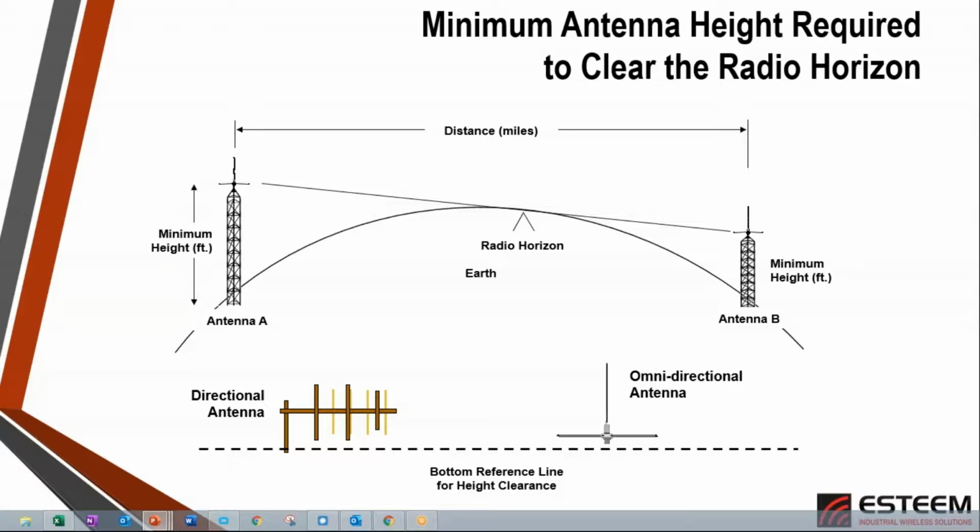Part of the RF design program will tell you the minimum height that's required to break the curvature of the Earth. Of course, this curvature of the Earth doesn't compensate for hills and valleys and everything else. It models perfectly like a sphere really only over water.